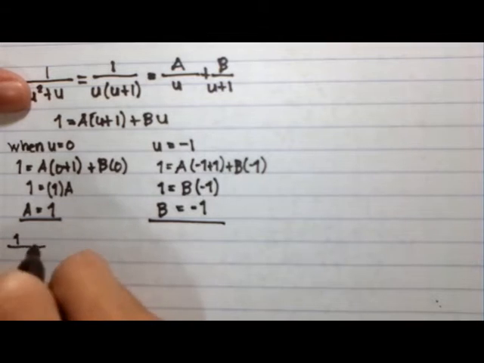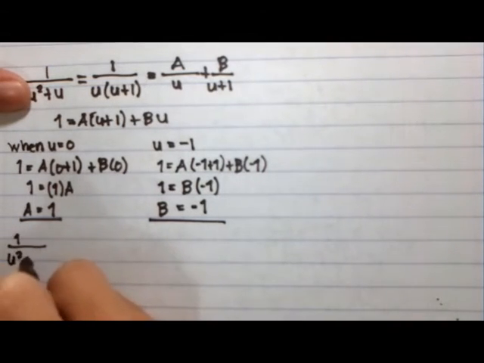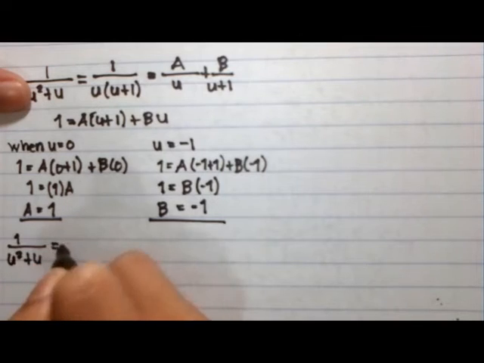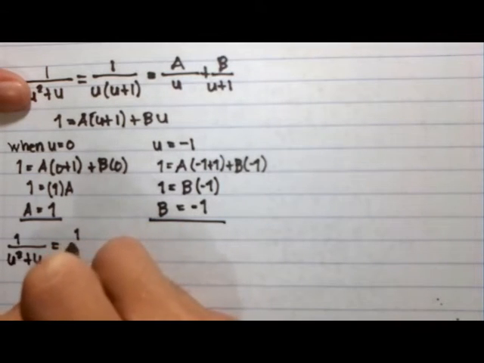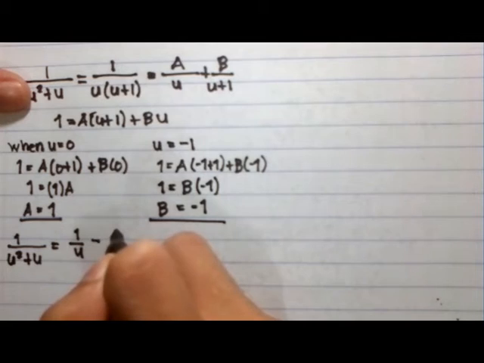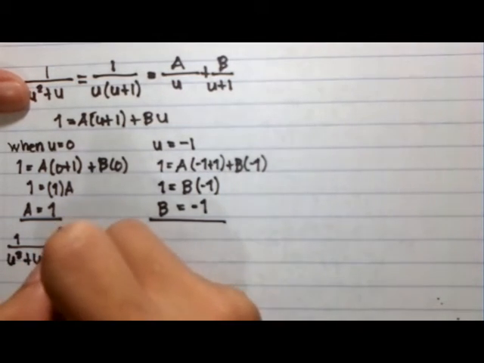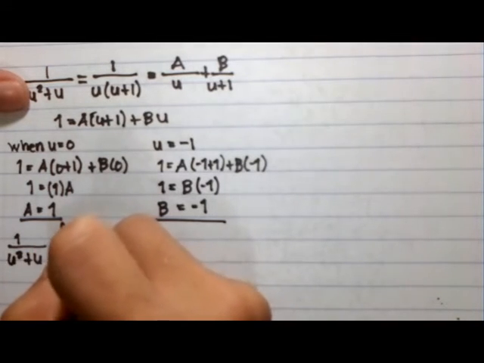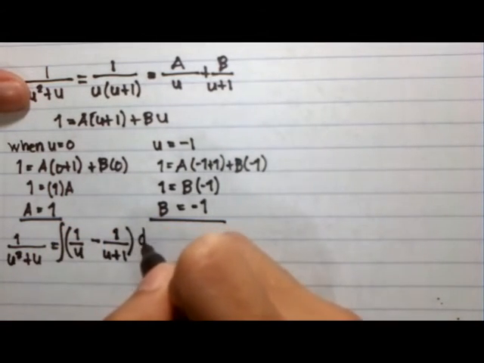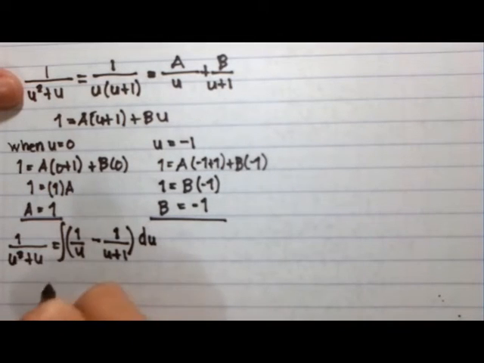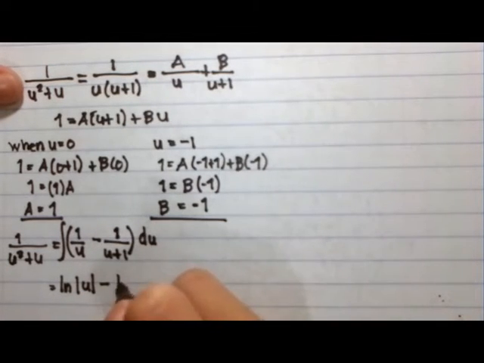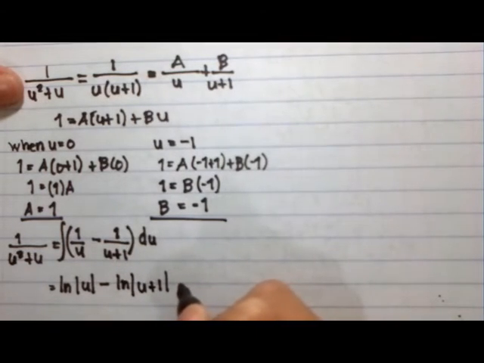So 1 over u squared plus u is now equal to 1 over u minus 1 over u plus 1. By integrating this, we will get ln u minus ln (u plus 1) plus c.